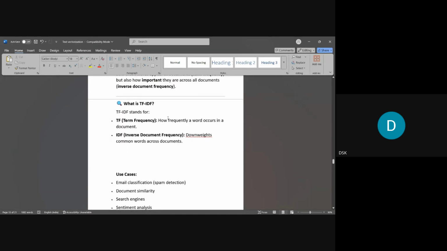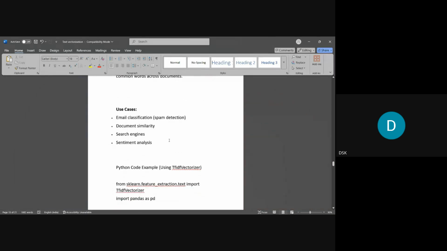Term frequency means how frequently a word occurs in a document, and IDF downweights common words across documents. The use cases for this would be email classification, document similarity, search engines, and sentiment analysis.